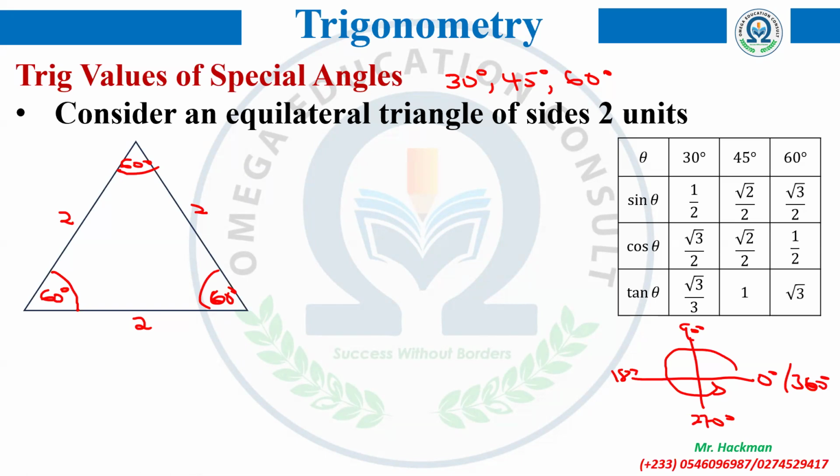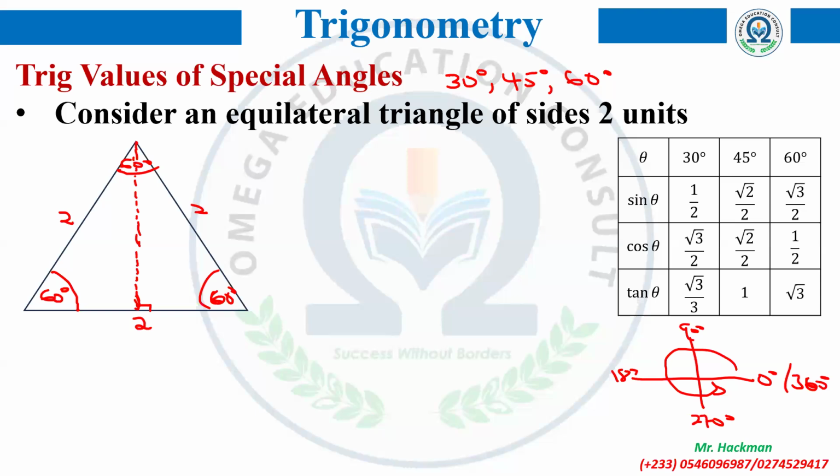So what we are going to do is, because this is an equilateral triangle, draw a line from the apex to meet this side at an angle of 90 degrees. That becomes the height of the triangle, which happens to be a line of symmetry. Do you agree?